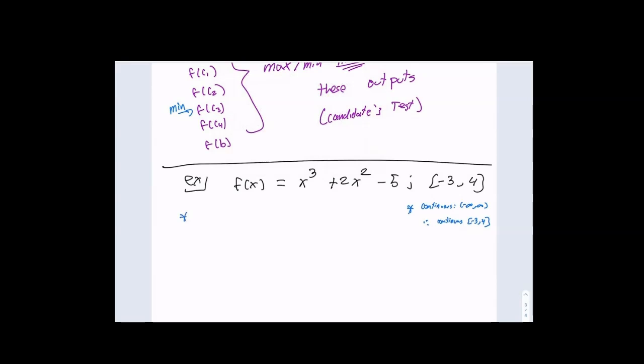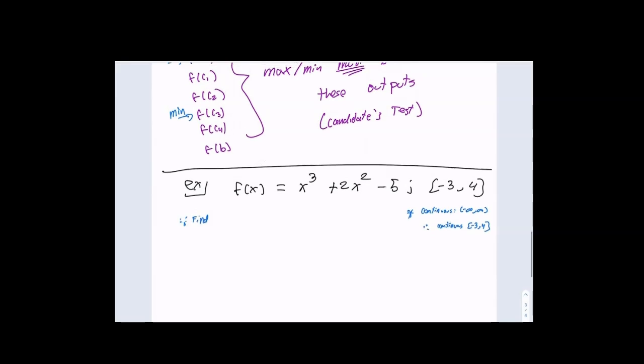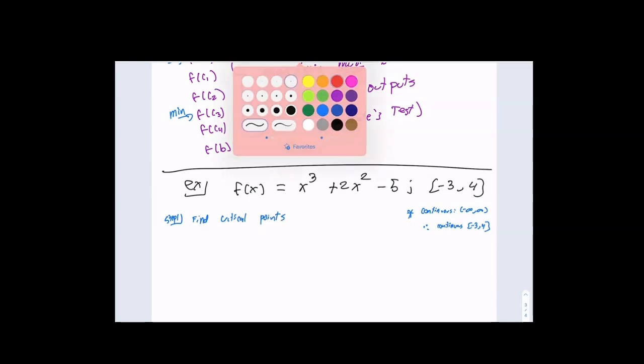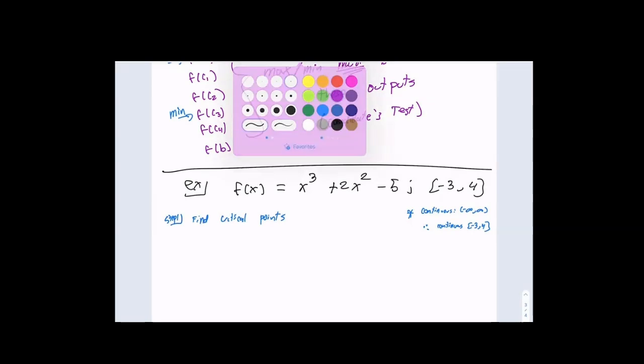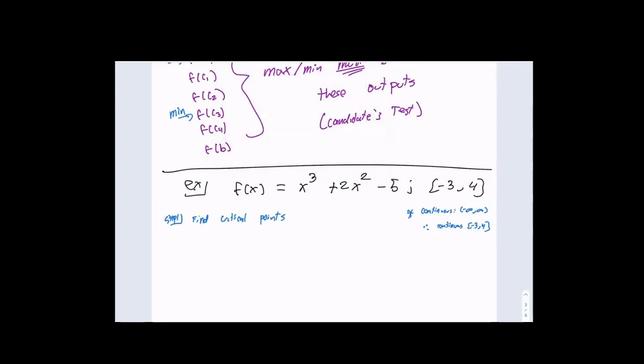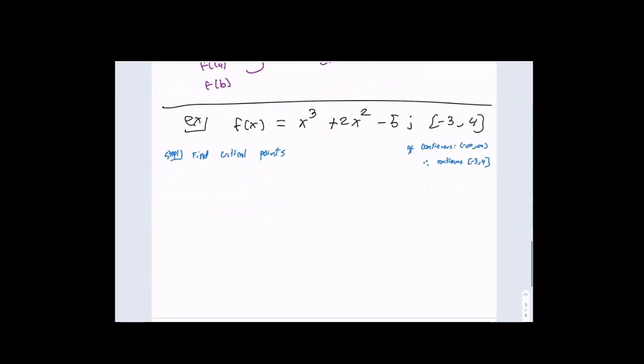So the first part is, step 1, find the critical points. And how do we find critical points? Now this is where the work becomes very redundant.